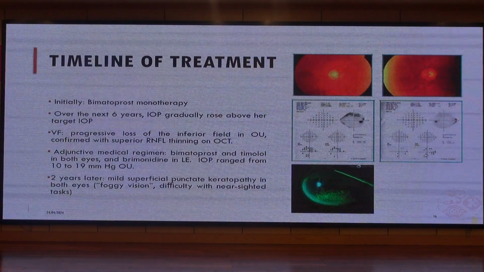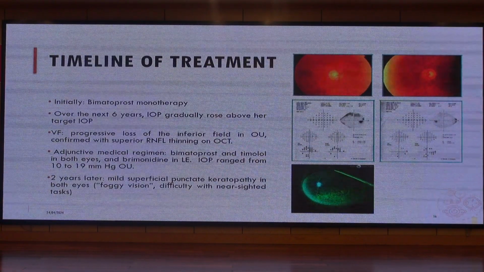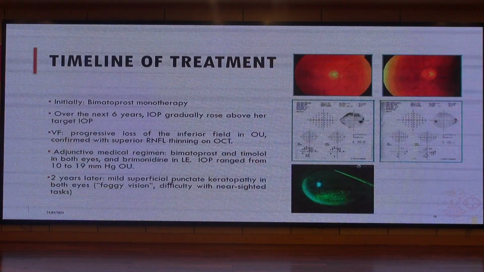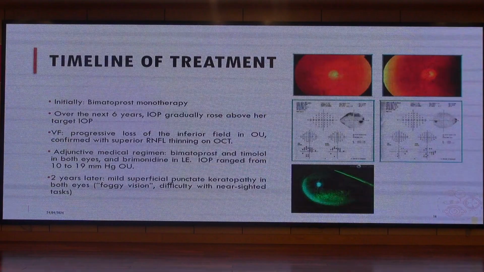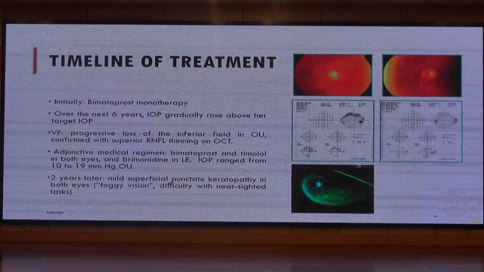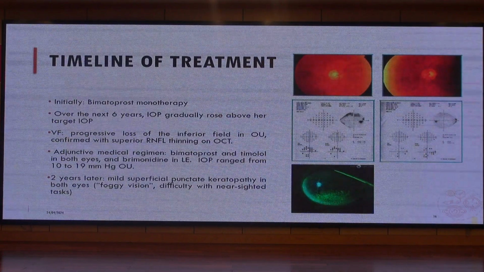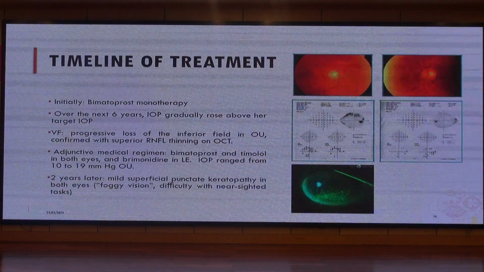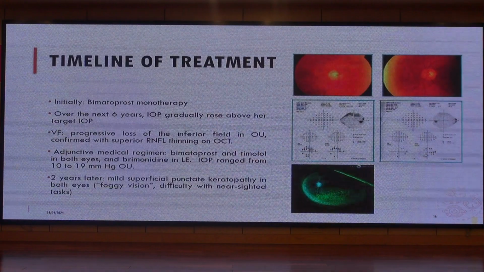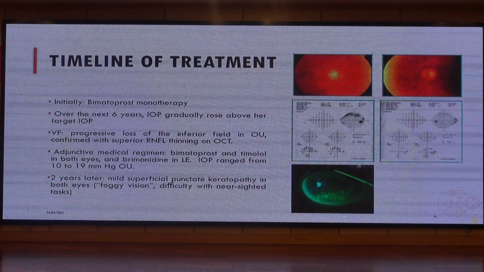This patient has a rather long treatment timeline. After 6 years of treatment with latanoprost, the IOP gradually rose over the target IOP. And of course, the visual field showed progressive loss of the inferior field in the right eye, and this was confirmed with superior retinal nerve fiber layer thinning on OCT.